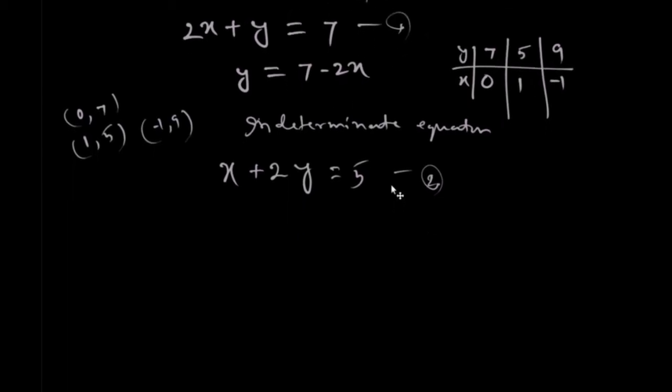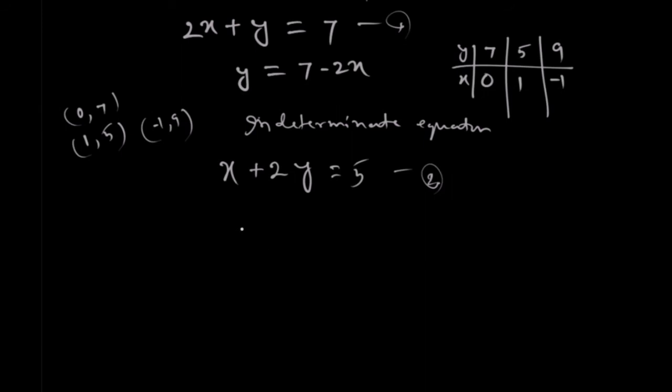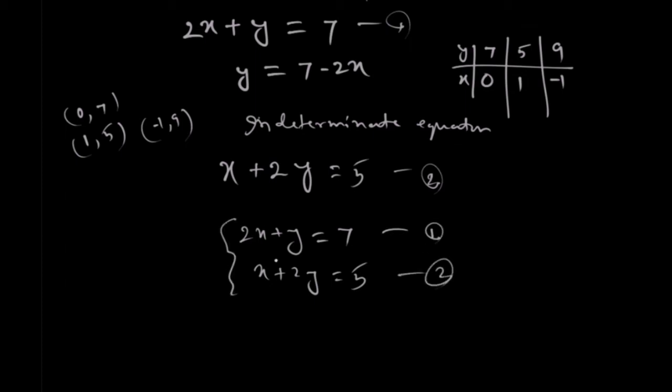But if these two equations are taken together, 2x plus y is equal to 7 and x plus 2y is equal to 5, this is equation 1 and this is equation 2. So these two equations taken together can have a unique solution. When the equations have two variables, you need two equations to have a unique solution.